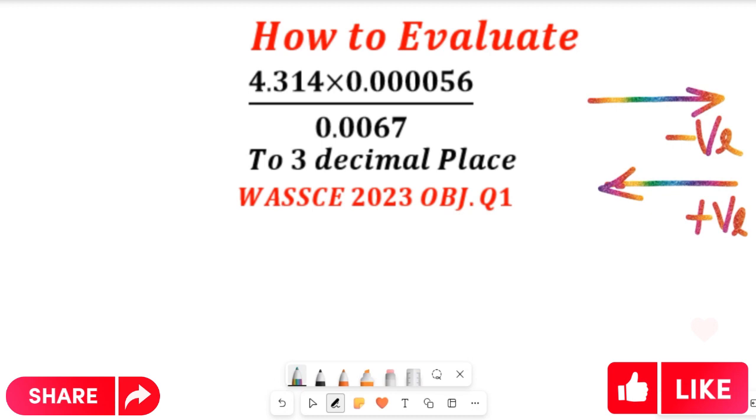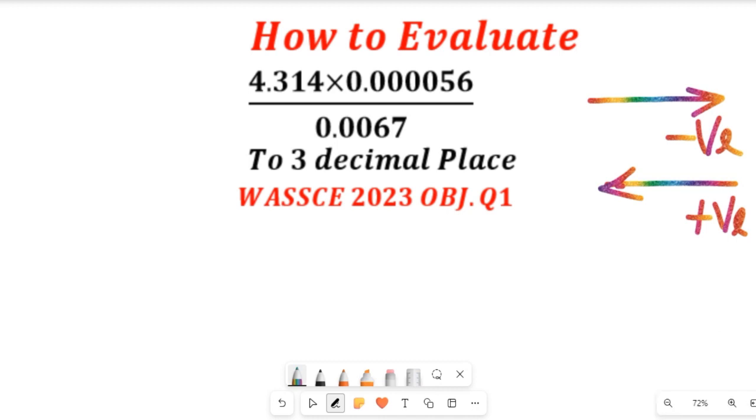So let's look at how we'll count the first digit. If we shift the decimal point from the left to the right, we'll count 1, 2, and 3.